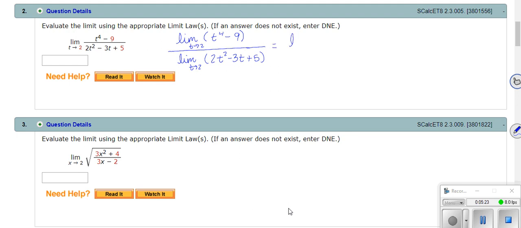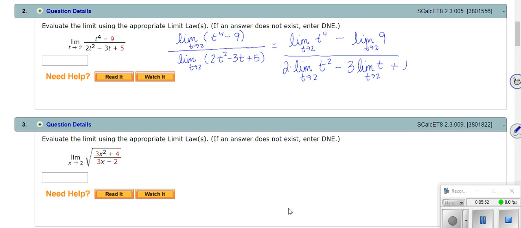So this is the limit as t approaches 2 of t to the fourth, minus the limit as t approaches 2 of 9, over 2 times the limit as t approaches 2 of t squared, minus 3 times the limit as t approaches 2 of t, plus the limit as t approaches 2 of 5.